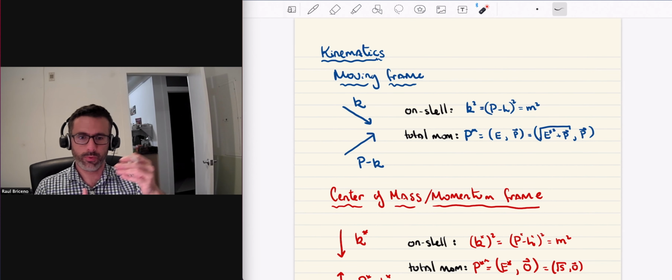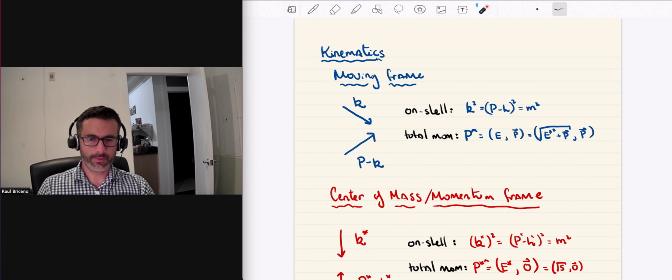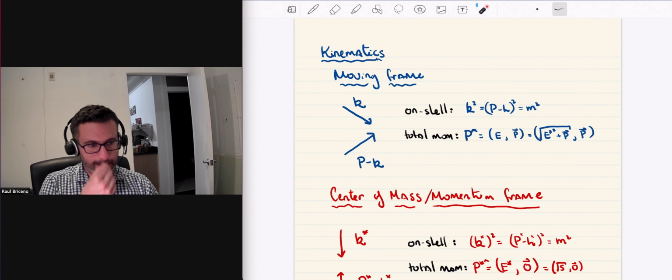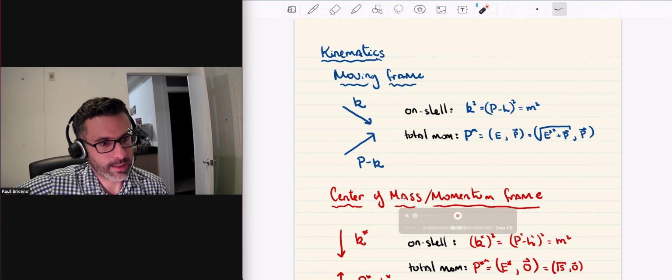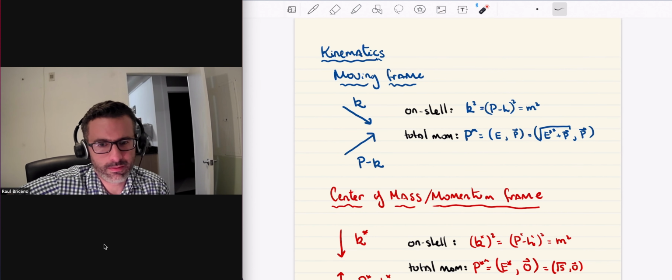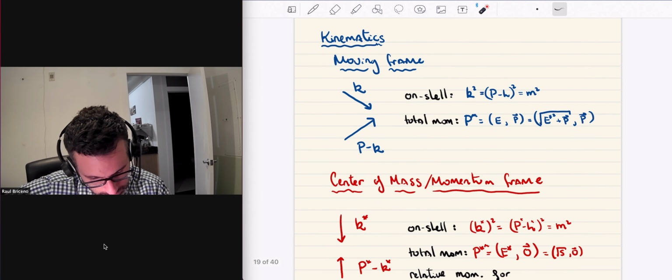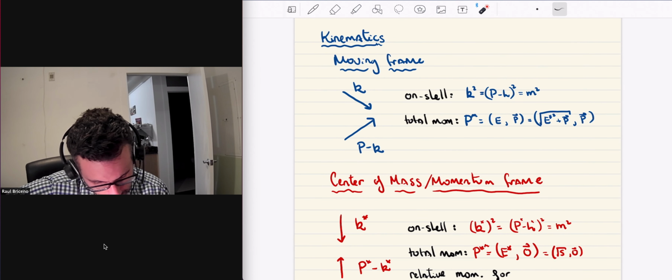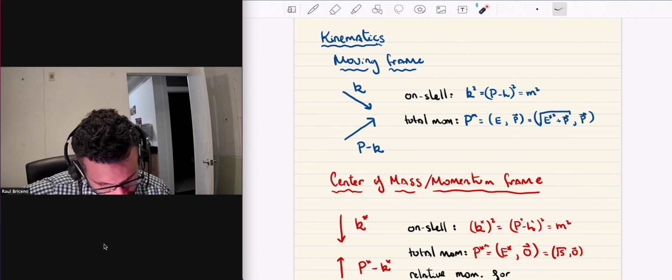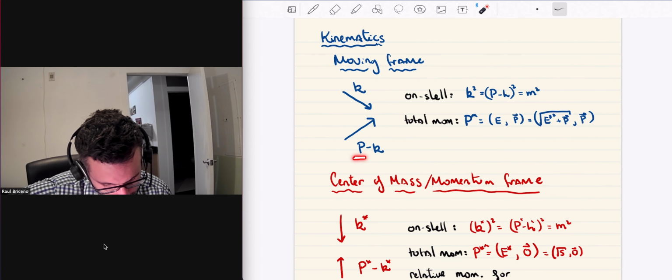The reason we're going to be using moving frames is that the more frames we study, the more kinematic constraints we're going to ultimately be placing on our scattering amplitudes. I'm going to use a notation that is somewhat ubiquitous when thinking about these formal aspects: when I'm in a moving frame, I will label the total momentum of the system with capital P. I will label the momentum of one of the particles with lowercase k.